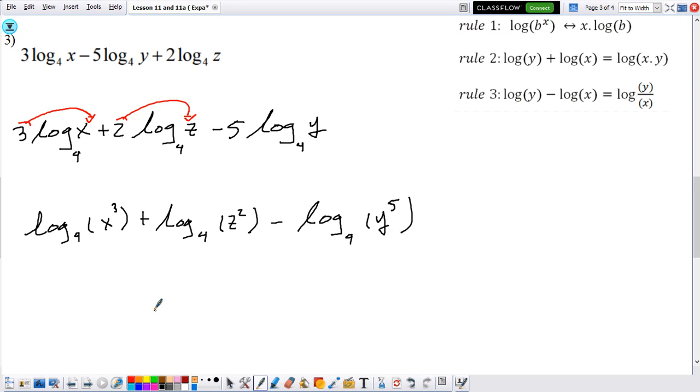So what should we do here? Notice that here we have two rules. Here I'm adding these 2 and I'm subtracting the last one. This is not a rule, but I always like to do addition first, because it makes the computation even easier. So I'm going to first apply rule number 2 to these two logarithms.